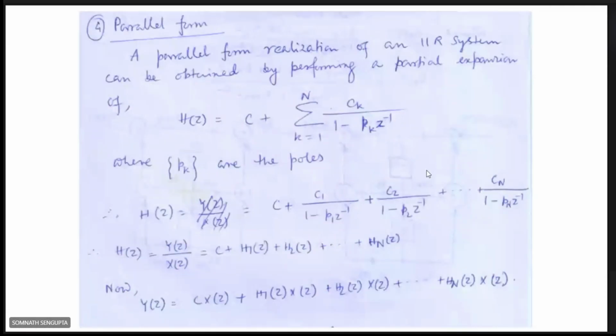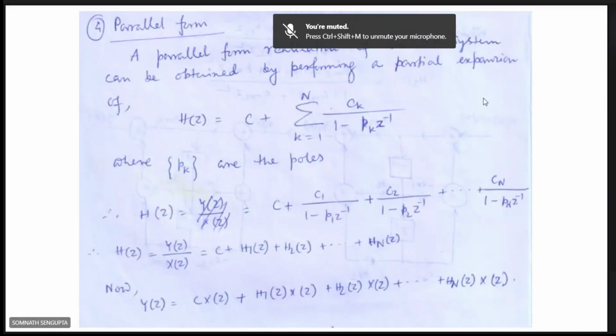Now, what is the basic concept? A parallel form realization of an IIR system can be obtained by performing a partial fraction expansion. Any transfer function you need to represent in partial fraction. What do you mean by partial fraction?